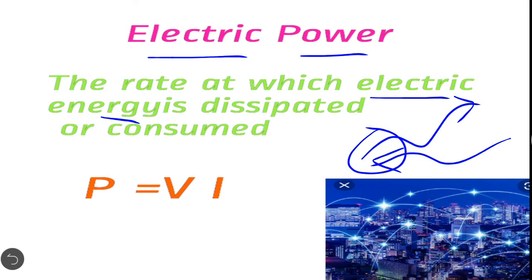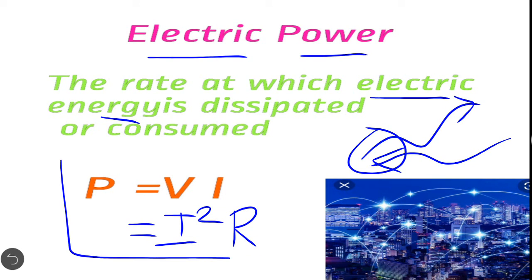How to calculate it? It is given by P is equal to V into I. By using Ohm's law again, we can change it to I squared R and many other forms. You can change it to many number of terms. So let us study this only. P is equal to V into I, important formula.